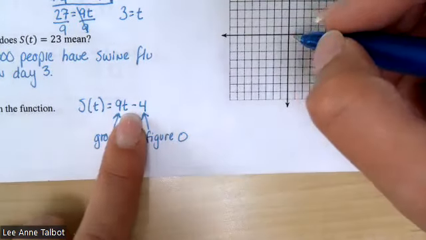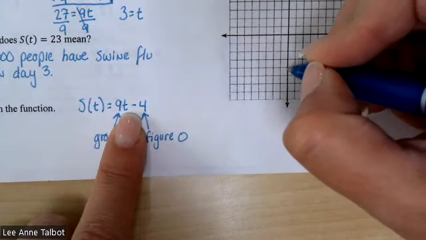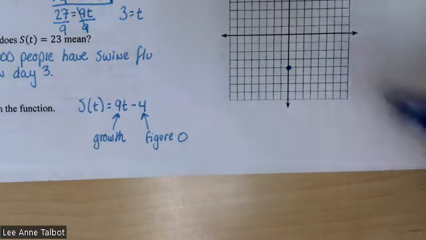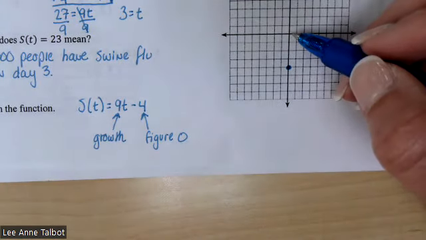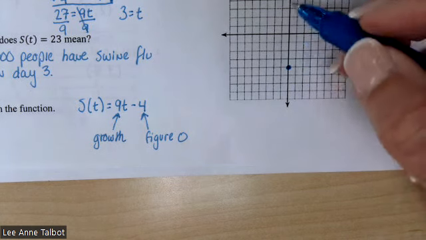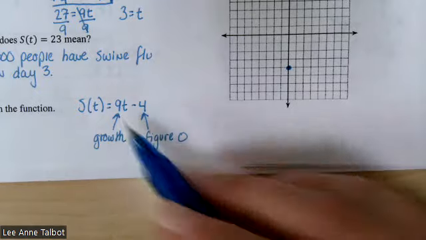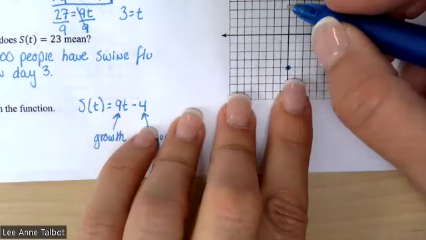What we do is we start with figure 0 and we say figure 0 has -4 tiles in it. So go to the origin, which is where figure 0 is, and go down 4. Then the growth is 9, so we're going to go up 9 boxes every time.